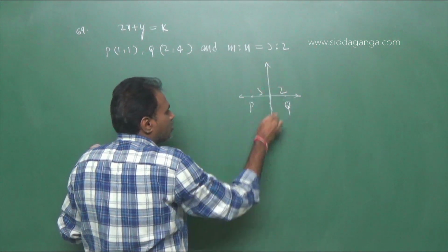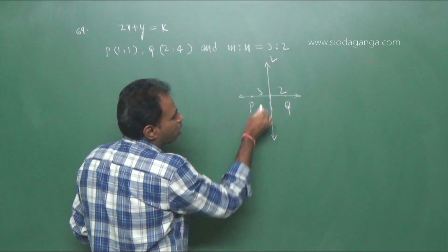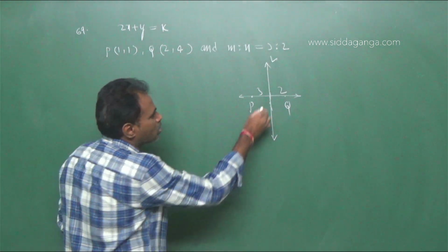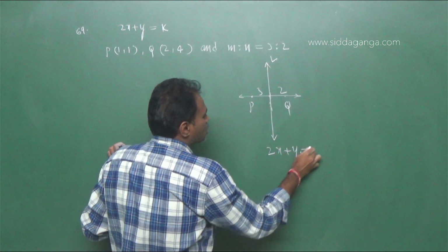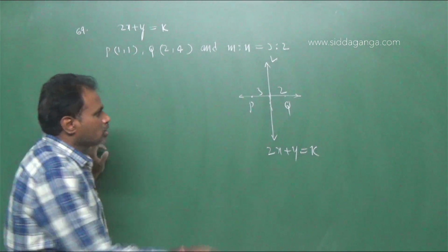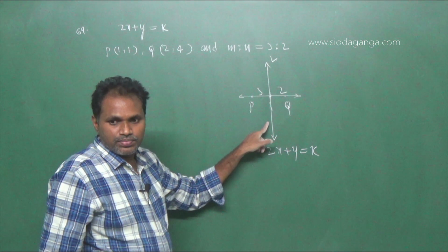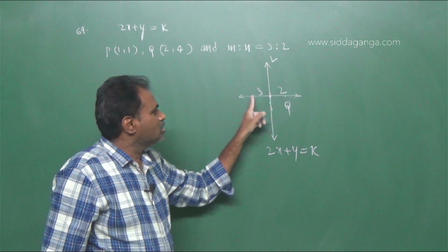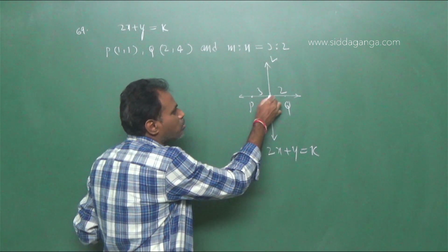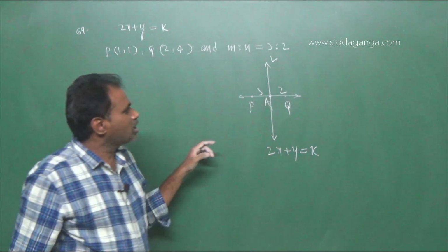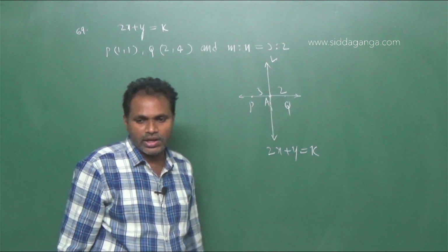This is the given line L, whose equation we already know, that is 2x plus y equal to k. The point of intersection of this line L with PQ is the point A, which divides PQ in the ratio 3 is to 2. Now, this point you have to find.